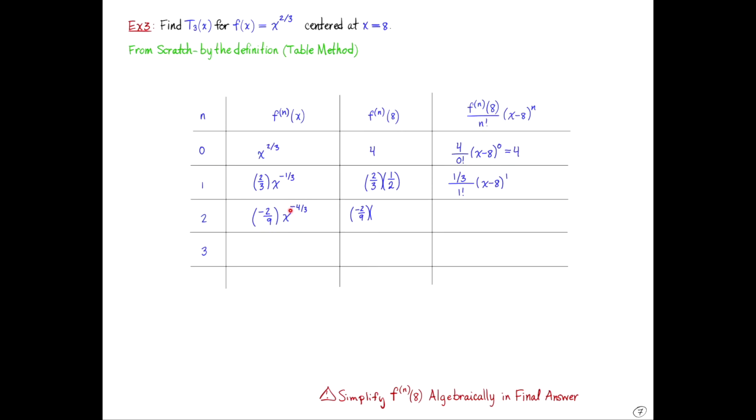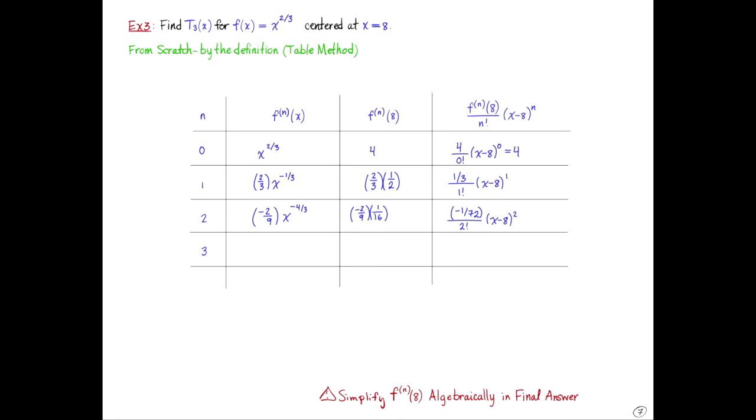Because we have a negative in the exponent, that means our 16 has to go in the denominator. Negative 2/9 times 1 over 16. 2 goes into 16 8 times. 8 times 9 is 72. So that simplifies to negative 1 over 72 over 2 factorial times x minus 8 quantity squared.